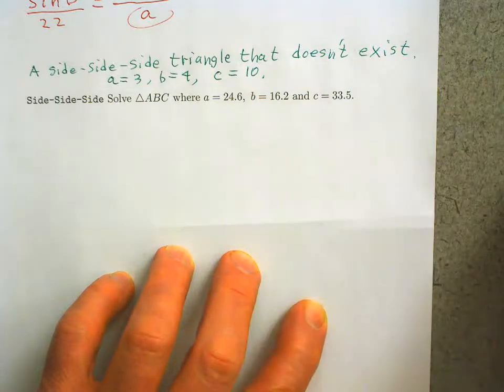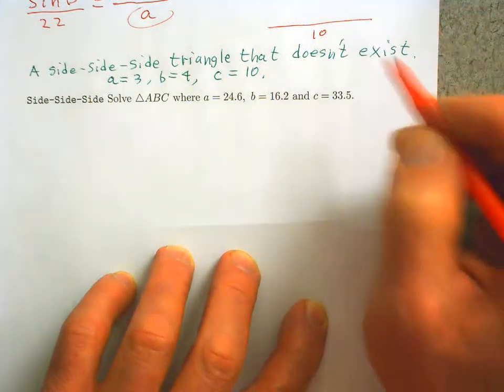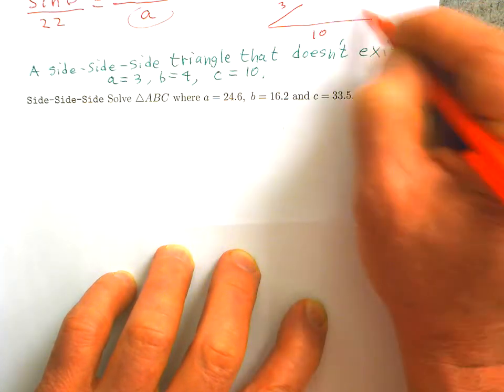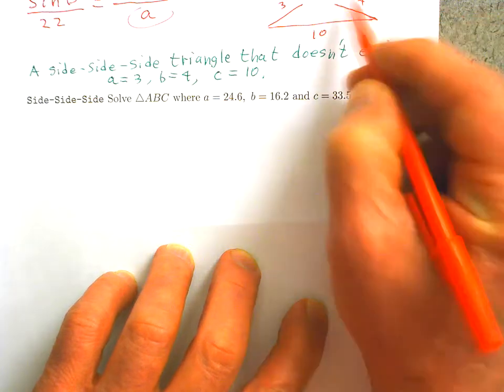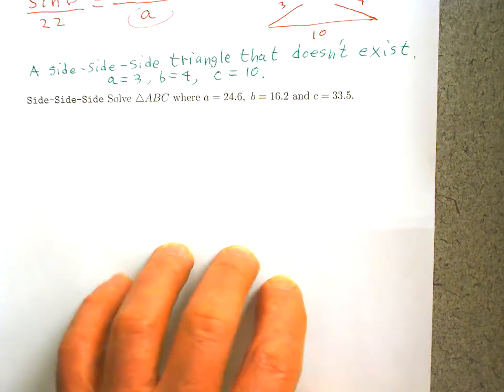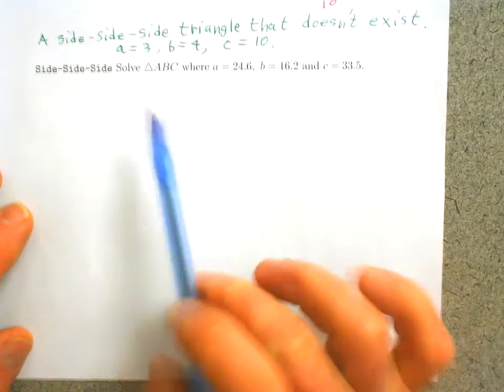So why not? Well, if you draw one side of length 10, and if this side is 3 and this side is 4, well, they're just too short to meet, so that wouldn't exist. Okay, well, we don't have that situation here.